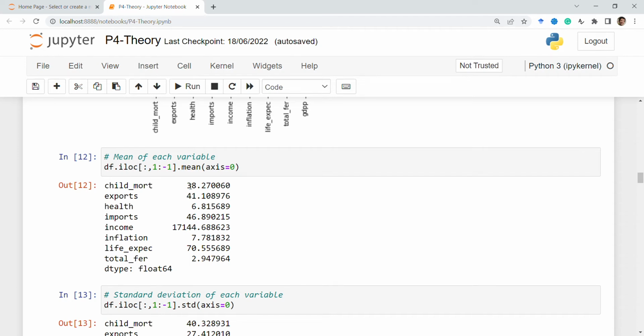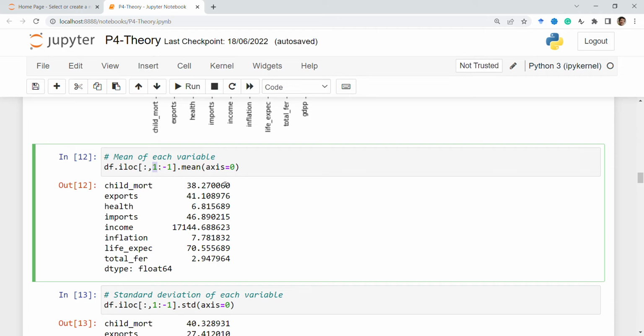So we have 38 children that are dying before the age of 5 in 100,000 people, and then the exports measured in thousands of millions, and then health somehow encoded, and so on. So this is the average income in the world, and the GDP, I cannot see it here. Yeah, the GDP, or it is number 0.